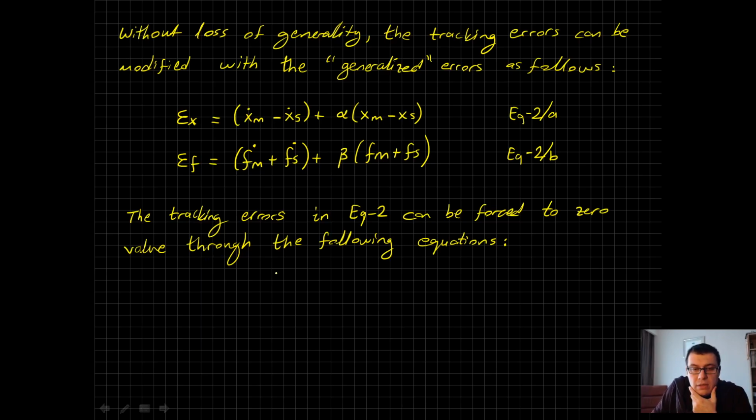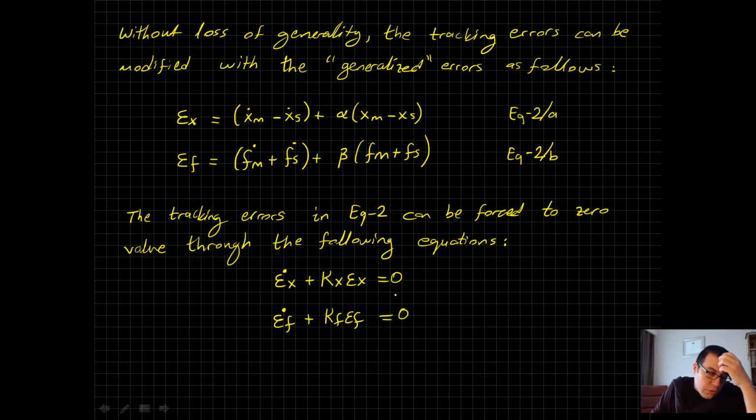So ex dot plus kx ex is equal to 0. That's the first equation, and ef dot plus kf ef is equal to 0. That's the second equation. So these two equations actually enforce the first order exponentially decaying error dynamics.